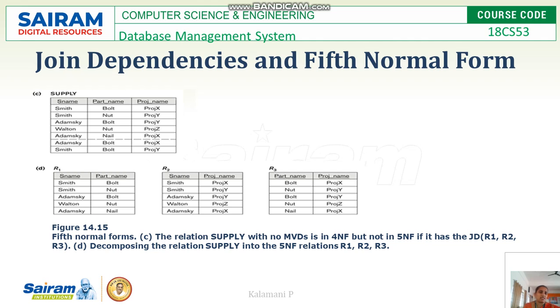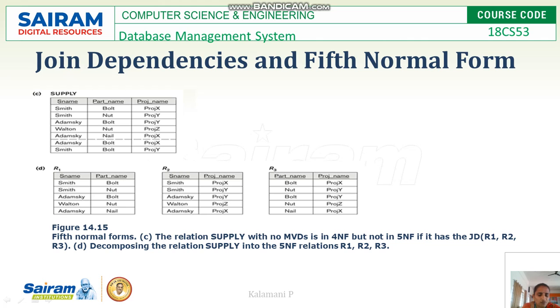For example, take the relation supply. This relation is in fourth normal form but not in fifth normal form due to a joint dependency. If we decompose the relation supply into the sub-relations S name and part name, S name and project name, and part name and project name, all three separate relations, then the relation is in fifth normal form.